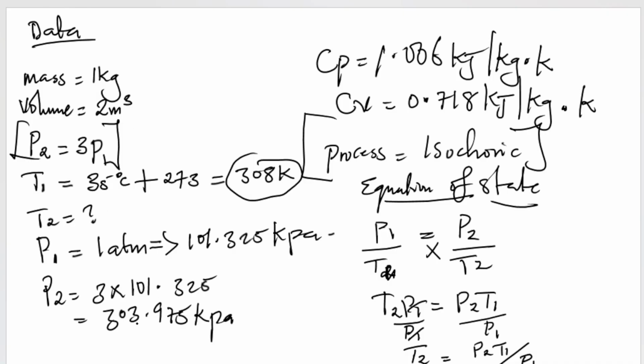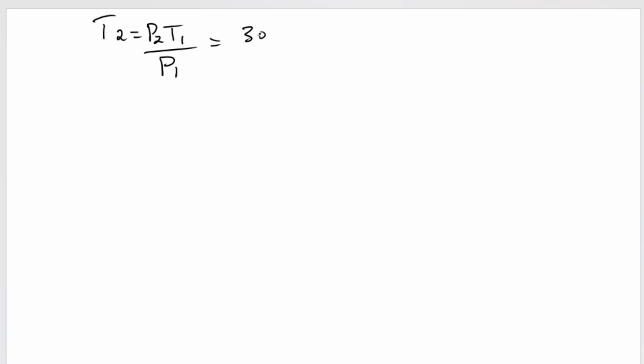Now, what is P2? P2 is simply 303.975, divided by P1, which is 101.325. Now remember, we have T1 here, and your T1 will be multiplied with it. What was your T1?